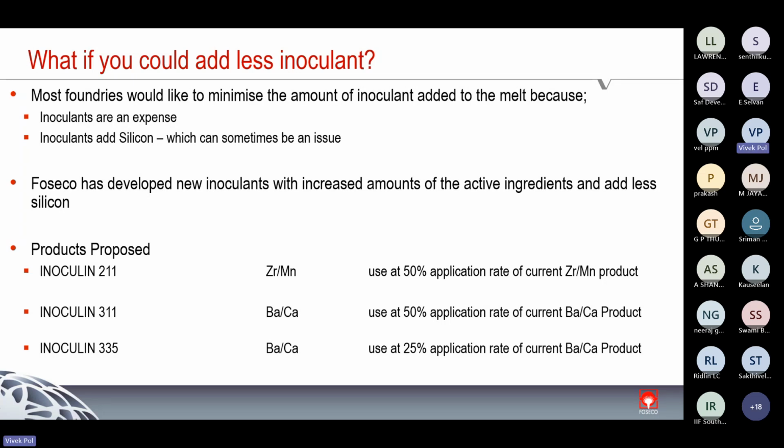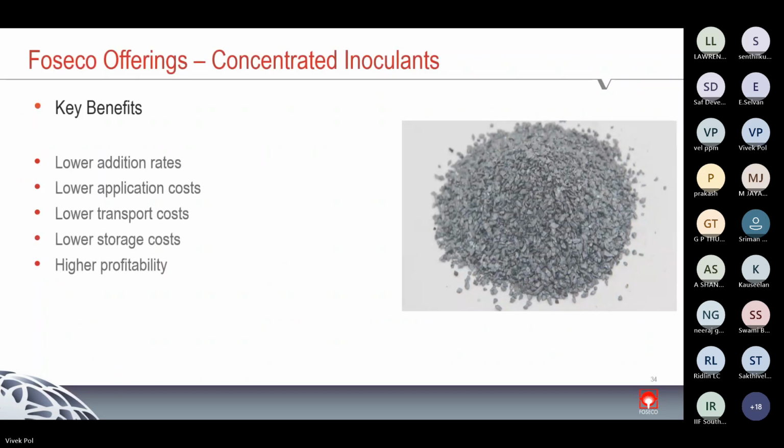And we have mainly two types, barium and zirconium. With the lower addition rate, the overall storage requirement also reduces, and it gives a good cost saving.